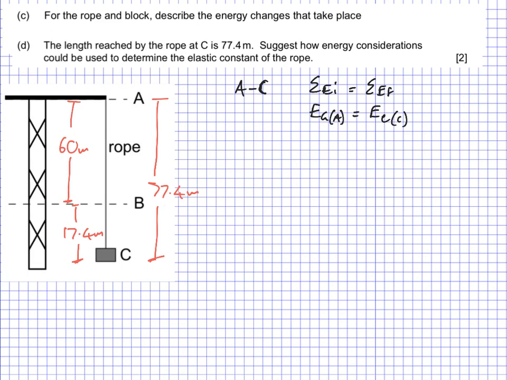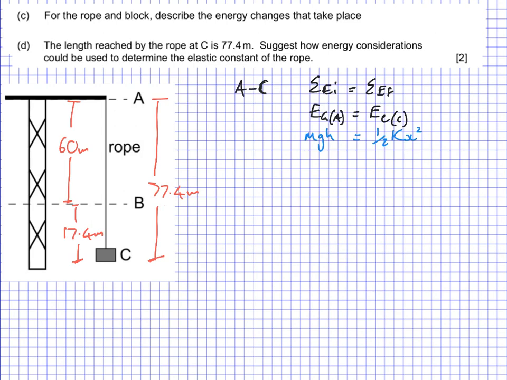What we would need to use is our, let's go ahead and put these in. So gravitational energy would be mgh, and the energy from the elastic would be 1/2 kx squared. Question is, what is x and what is h?